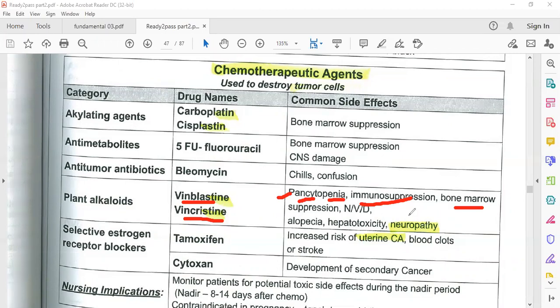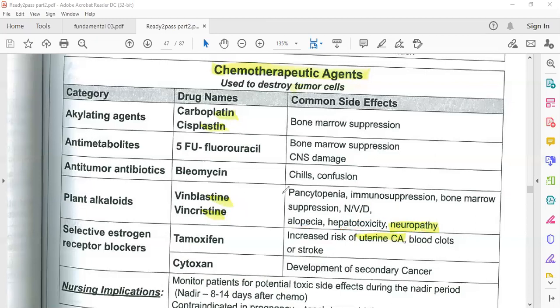Also the patient can complain of GI upset, meaning nausea, vomiting, and diarrhea. GI upset is most common here, along with hepatotoxicity, neuropathy, and alopecia. So if your patient has to take vinblastine or vincristine, you could check the liver function test, because they can cause hepatotoxicity.